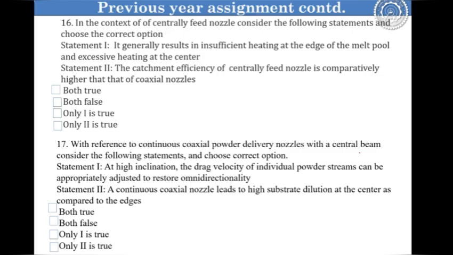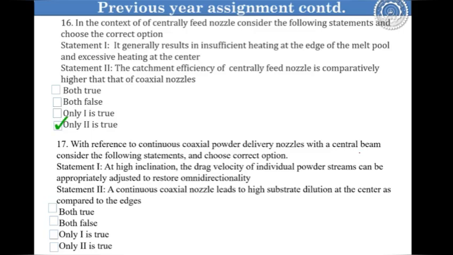In the context of centrally fed nozzle, consider the two following statements. One: it generally results in insufficient heating at the edge of the melt pool and excessive heating at the center. Two: the catchment efficiency of centrally fed nozzle is comparatively higher than that of the coaxial nozzle.